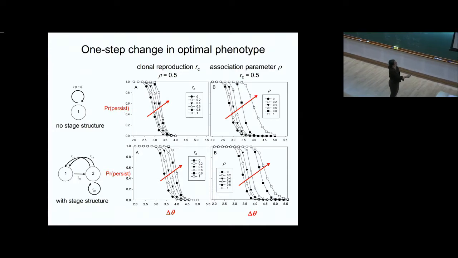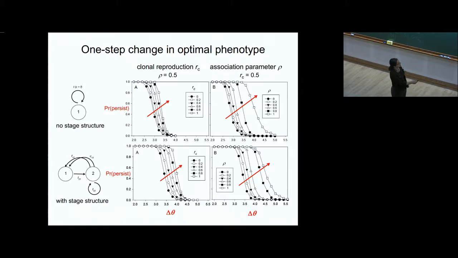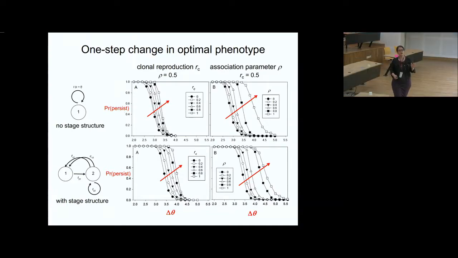This is keeping rho constant but changing clonal reproduction. The red arrows show increasing clonal reproduction. This is keeping the amount of clonal reproduction constant and changing that association parameter. The red arrows show increasing rho. Just to orient ourselves, if we make the change in theta big enough, everyone goes extinct. The probability of persistence is 0. That makes sense. If it's a really big change, there's no way to survive.